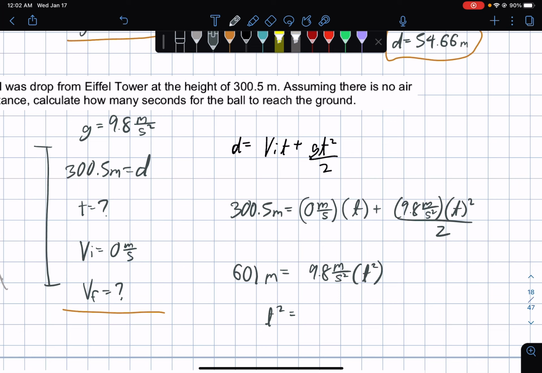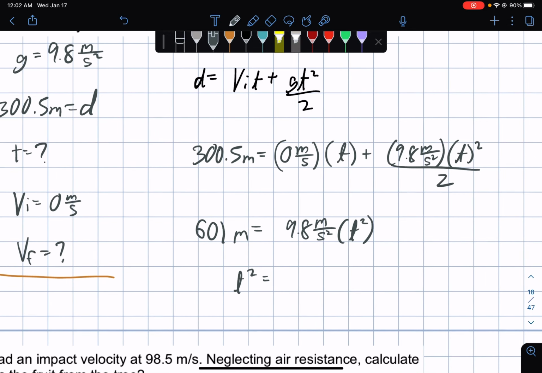I'm starting to think that there are no units that will be cancelled. Everything will be m raised to 2 over s raised to 2. But then if we place a radical sign, then we'll have, never mind, please discard what I just said. 601 meters divided by 9.8 meters per second.